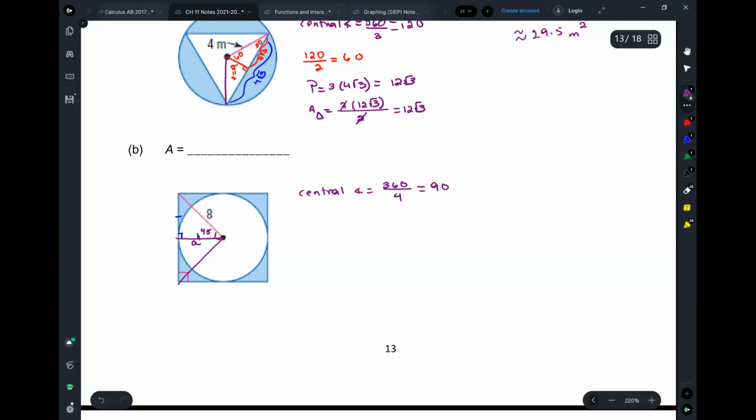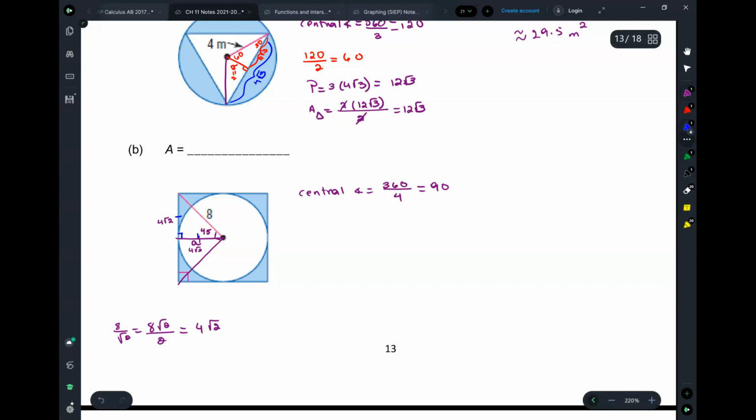Now, the 8 is the what of this 45, 90? Hypotenuse. So if that's 8, then each of the legs is 8 divided by root 2. 8 divided by root 2 is how much? 4 root 2. Correct. So the apothem is 4 root 2, and this is 4 root 2.